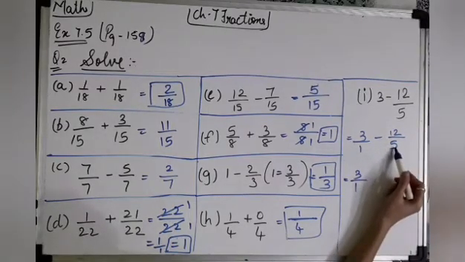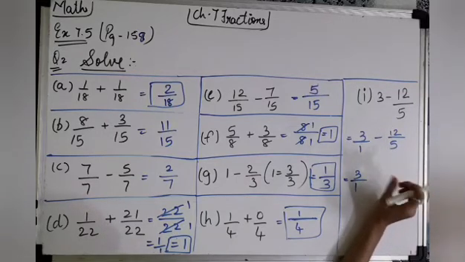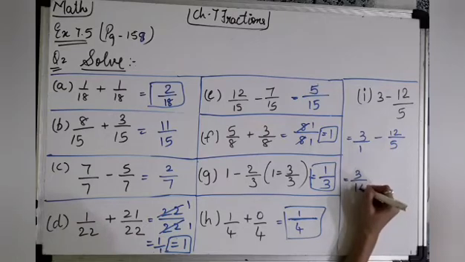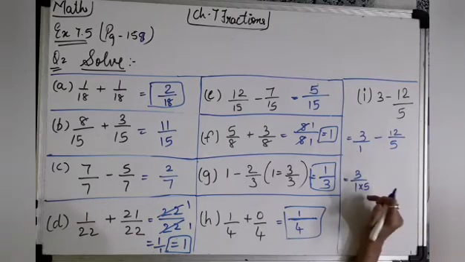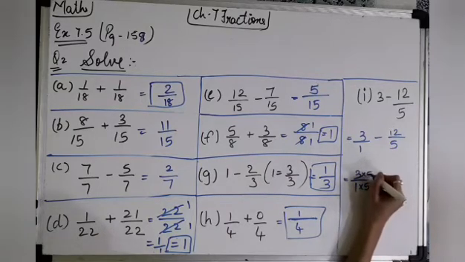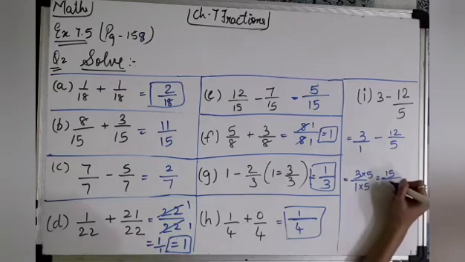If we take the LCM of 5 and 1, we will get 5 only, right? So by which number will I multiply? Once I will get 5 by 5, because 1 fives are 5. But if I am multiplying the denominator by 5, in the numerator also I will multiply by 5 only. So 3 fives are 15 and 1 five is 5.